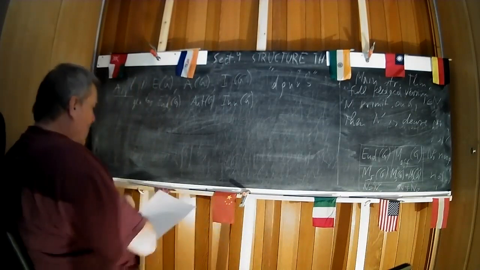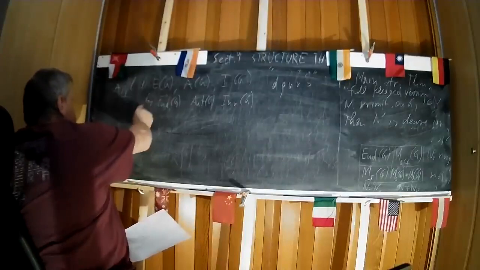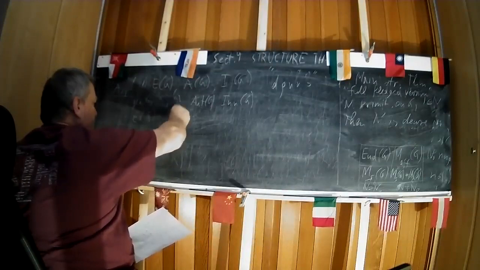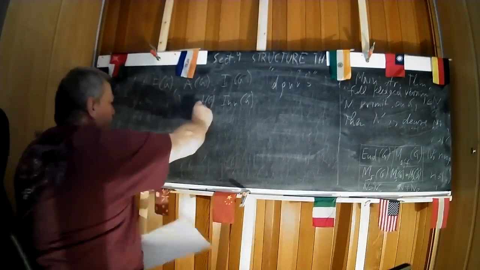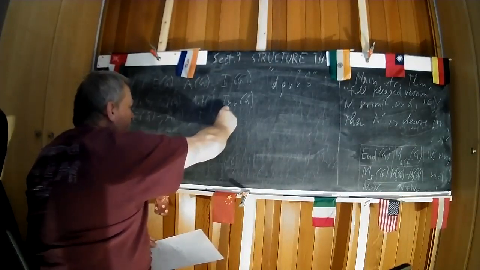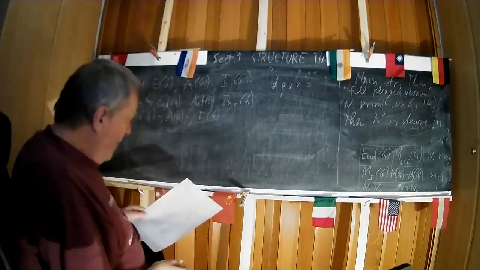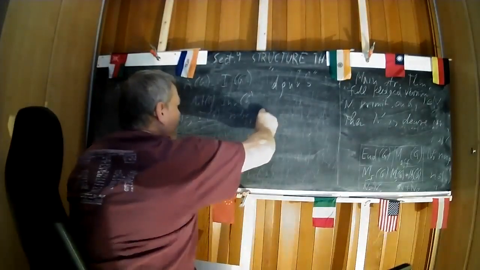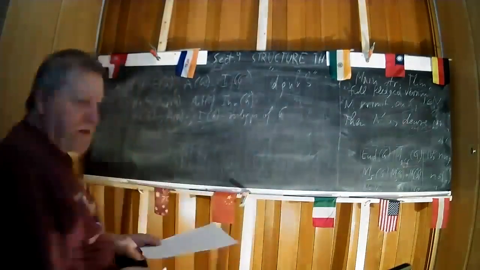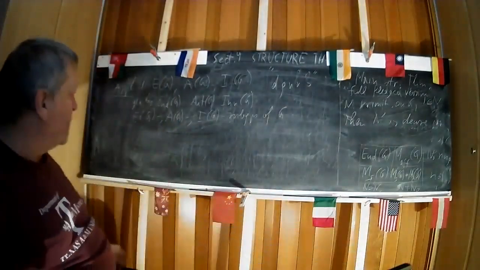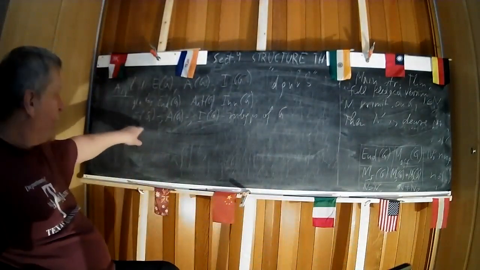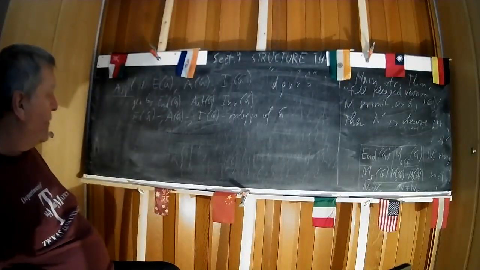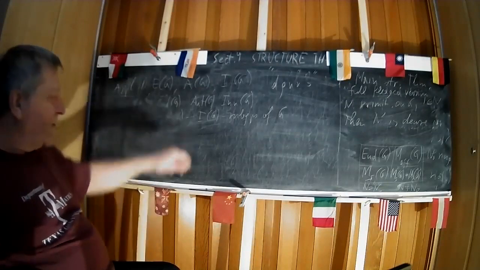What are the E of G or A of G or the I of G subgroups of G? These are those subgroups, call it H, such that E of G applied to H lies in H, and the same for the others.